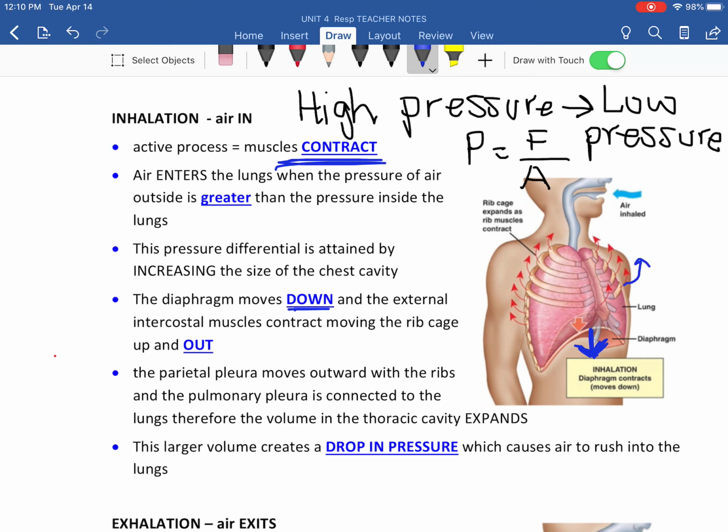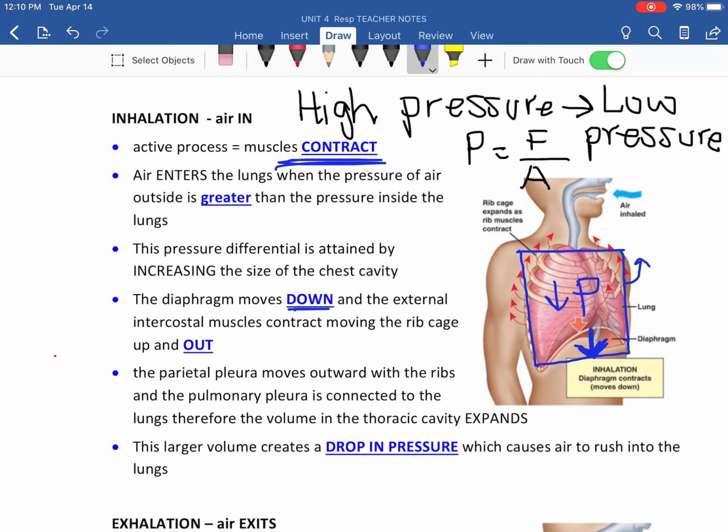What this does is increase the space that the lungs have. It increases their volume. Remember, through the parietal pleura, they are attached to the ribs, and then the visceral pleura is attached to the lungs, so it moves with it. By increasing the volume of the chest cavity, or increasing the area, we have consequently decreased the pressure inside the lungs.